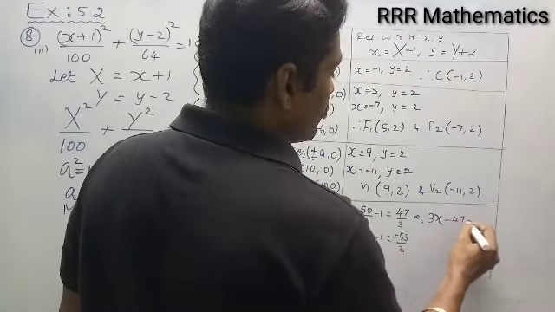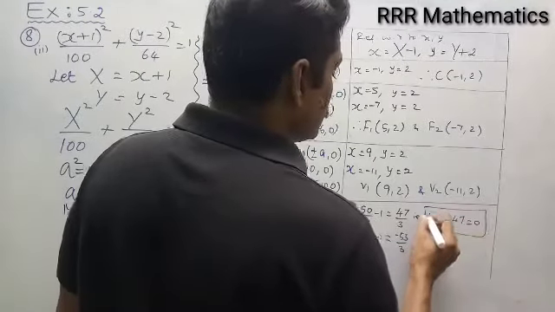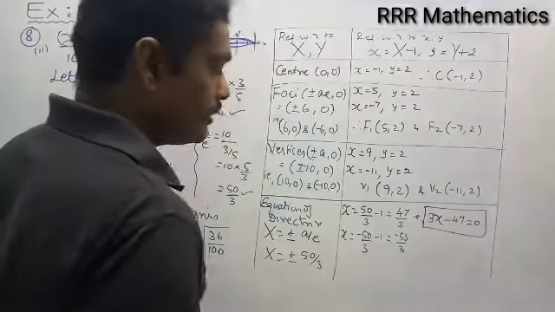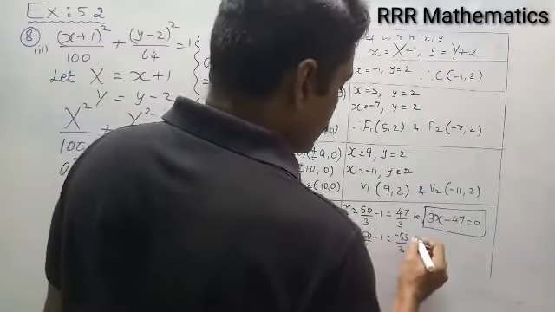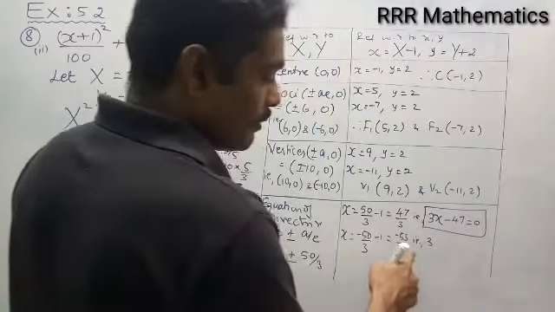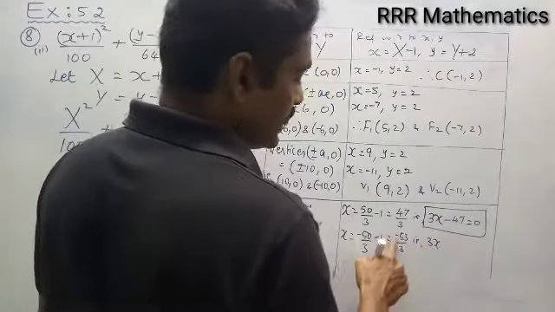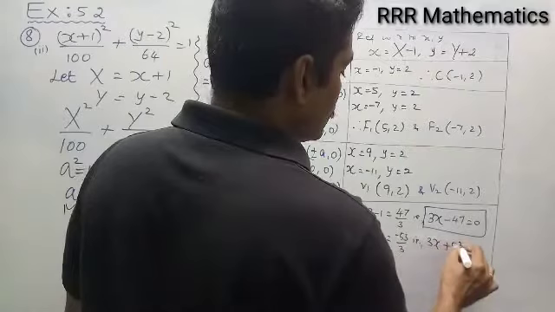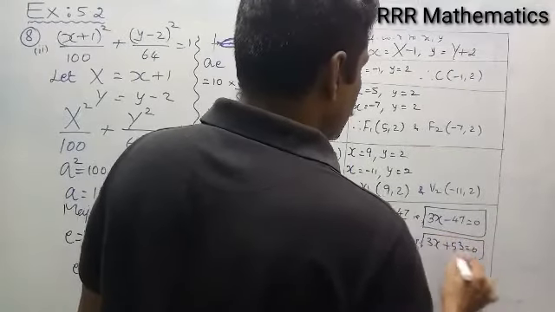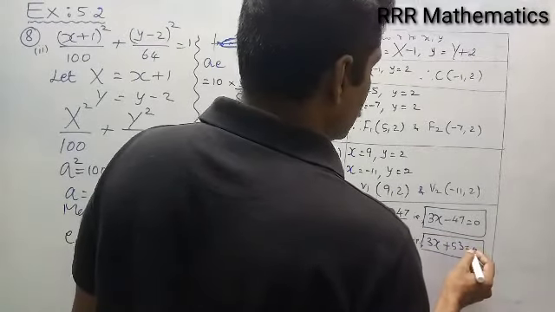When it comes to the left hand side, minus 47. So 3x minus 47 equal to 0. And this is 3x, sorry. When you cross multiply 3x, this minus 53 comes here, plus 53, which is equal to 0. This is the required equation of the Directrix in this case.